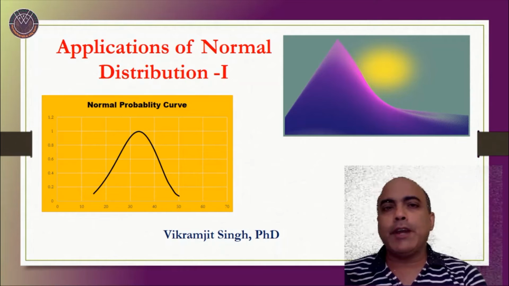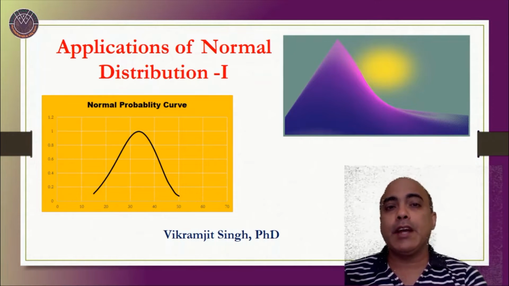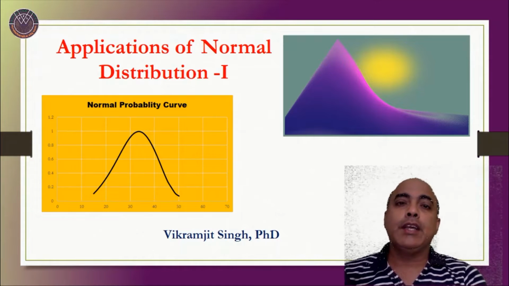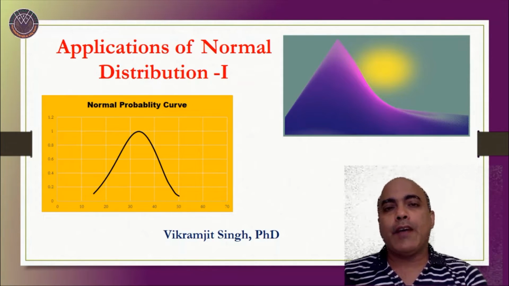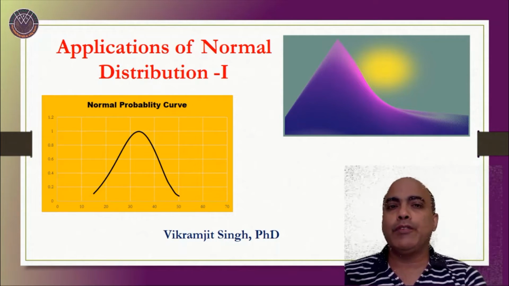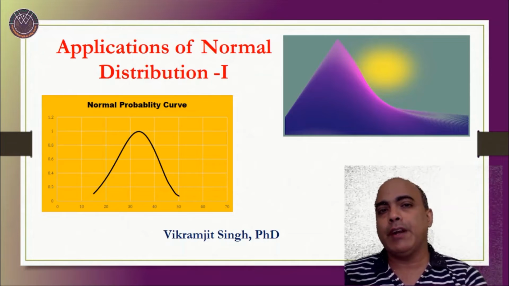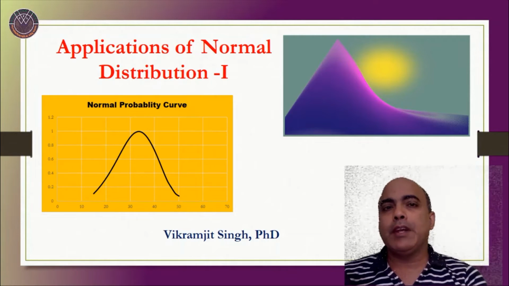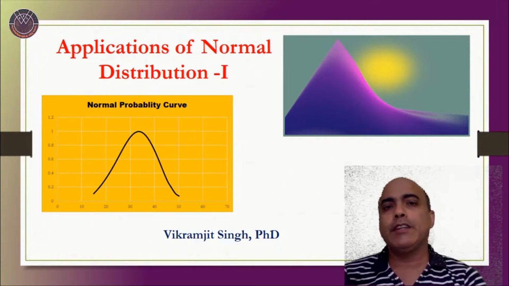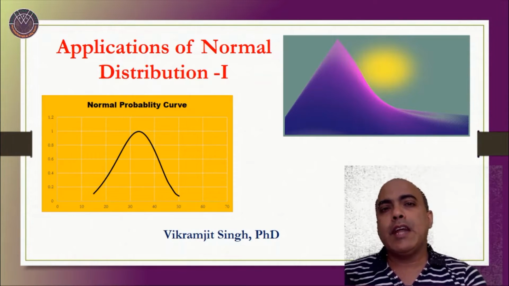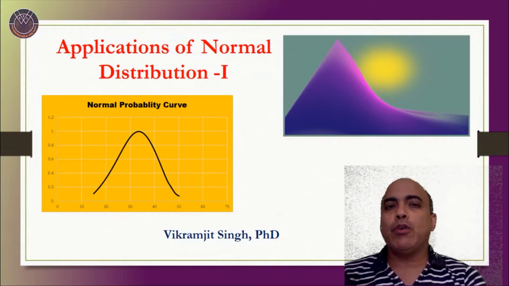It has to be understood that a basic understanding of the normal probability curve and normal distribution is very much essential for a researcher in the field of social sciences and education. In fact, whenever we go to the field and collect data, the data are based on human attributes, and when we tabulate the data, we can see that most of the time they follow the normal distribution.